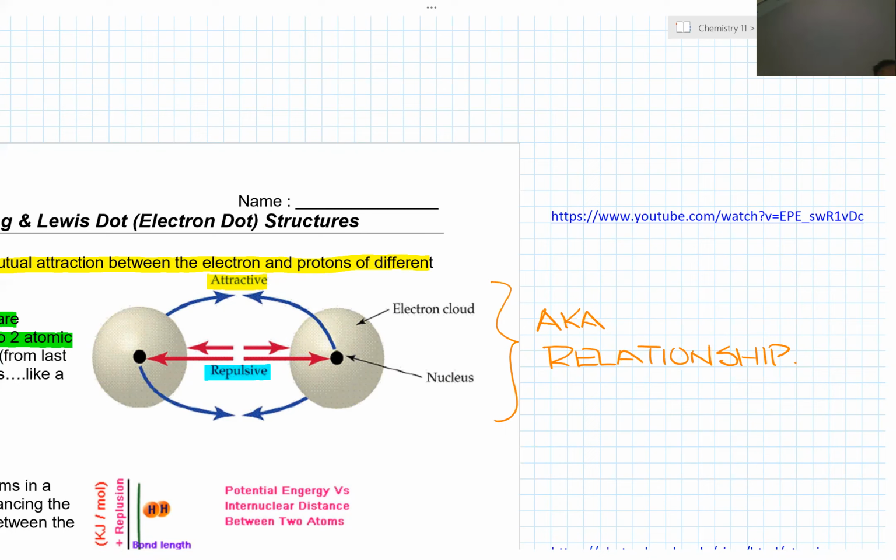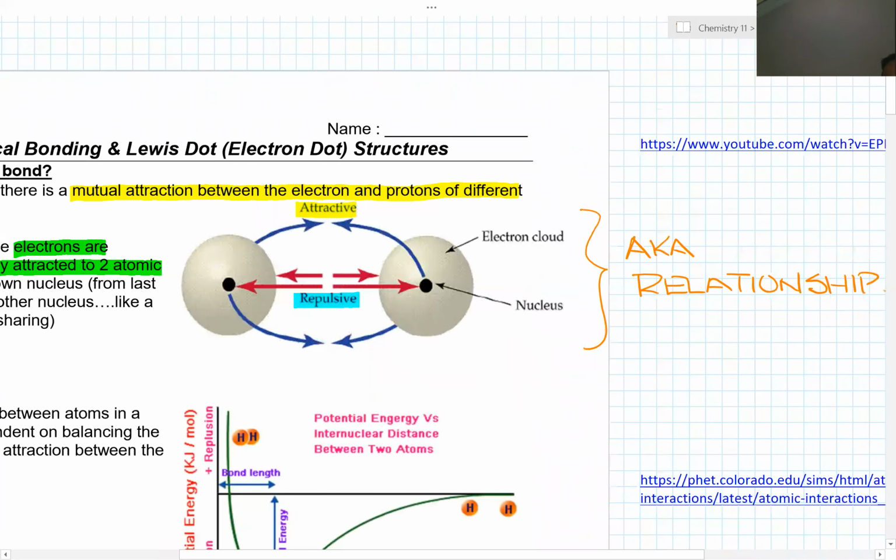If the attractive forces override the repulsive forces, then the bond stays together. But if the repulsive forces override the attractive force, then you have a separation. Just like in a relationship: if the attraction overrides things that bug you, you stay together, but if the things that bug you override the attraction, you end up breaking up or divorcing.